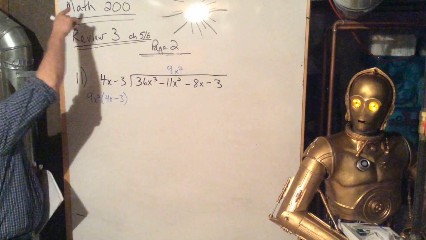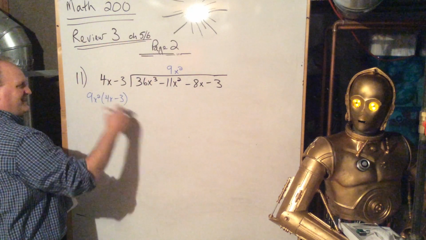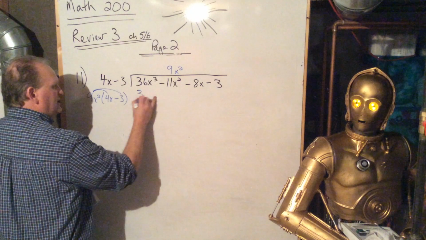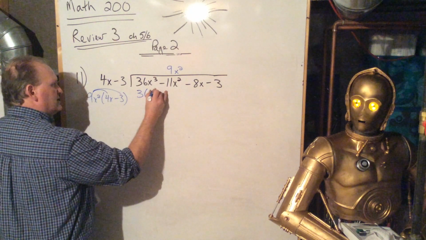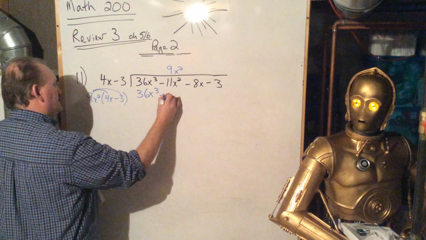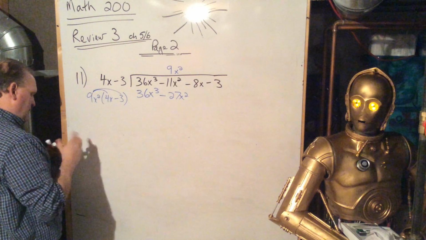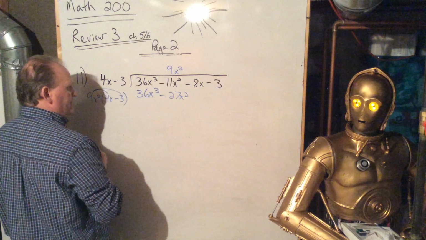And now we go back up to the problems that I already erased and do the distributive property. So we have 36x to the third minus 27x squared. There's one thing here, and this is a very important thing.